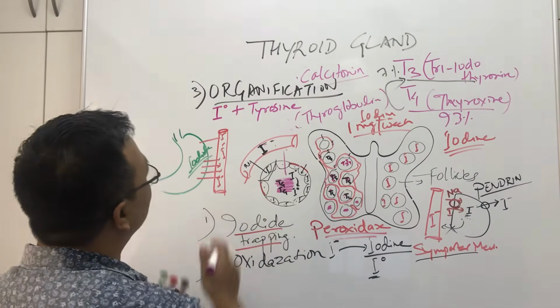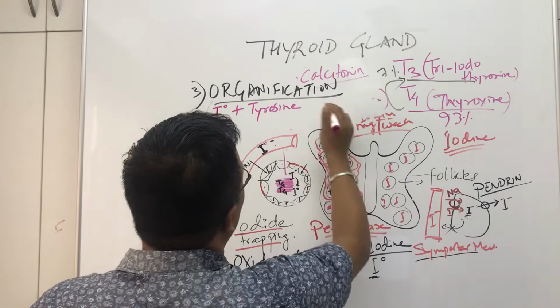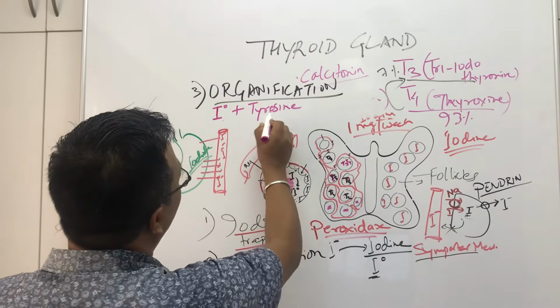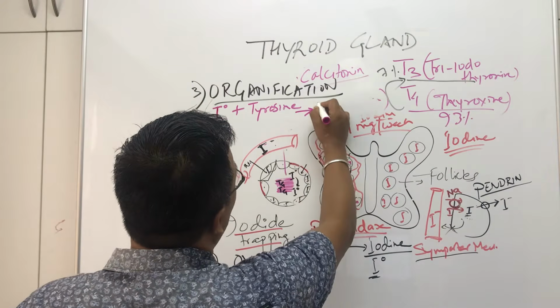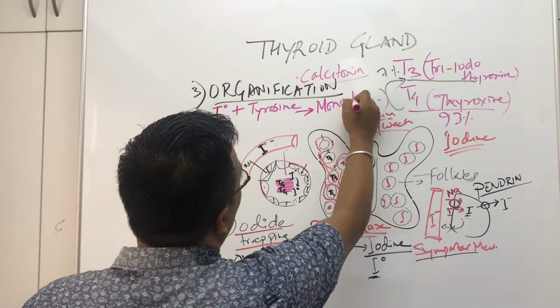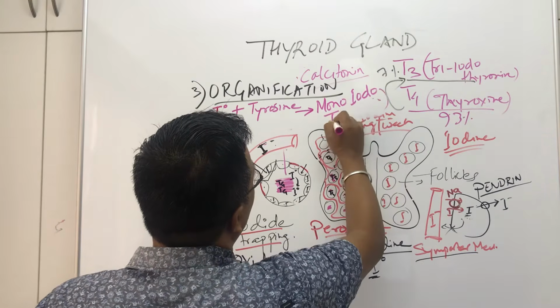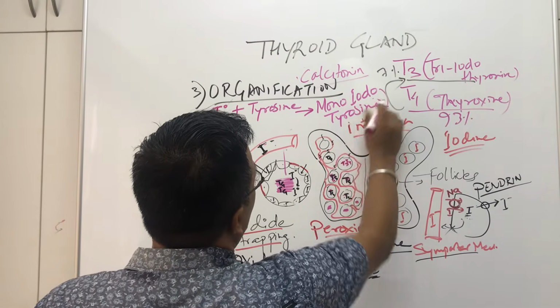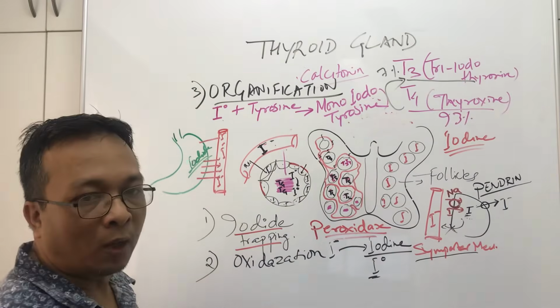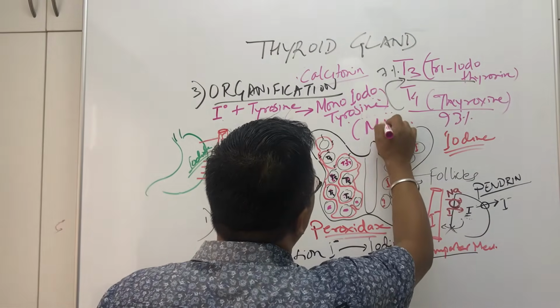Iodine will combine with tyrosine. So what will it form? One iodine molecule combining with one tyrosine molecule, we call monoiodotyrosine, or MIT.